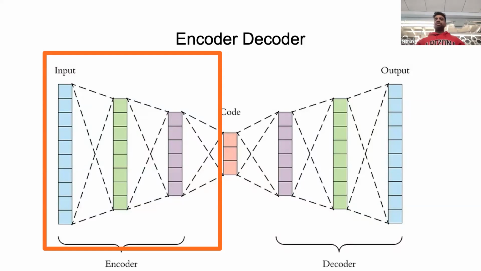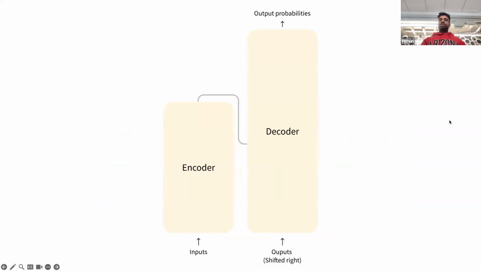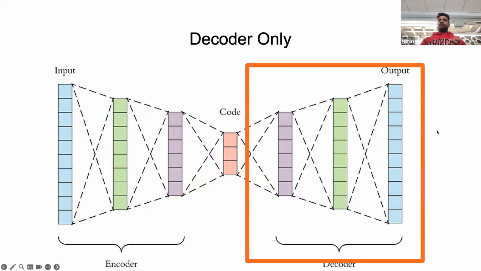So from 2017 to 2023, in the last 6 years, people started playing with this architecture. Basically, what is the best combination of neural networks as an encoder? Does it have to be exactly a mirror image? Can we have different architectures? So people started playing around with it, and this was the typical encoder-decoder architecture from transformers.